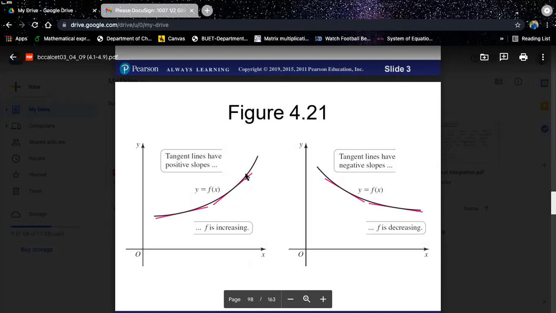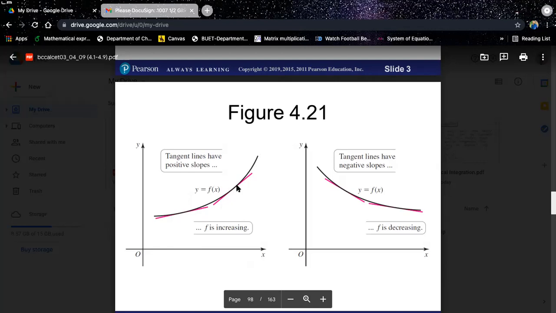If you draw a tangent line here, at any point, you will see the slope will be positive. That means if you join the tangent line with the x-axis, you will see it's creating an angle less than 90 degrees. That means the slopes will be positive.